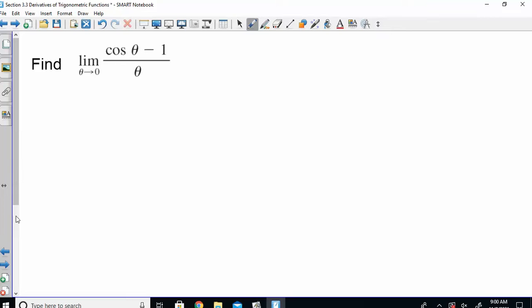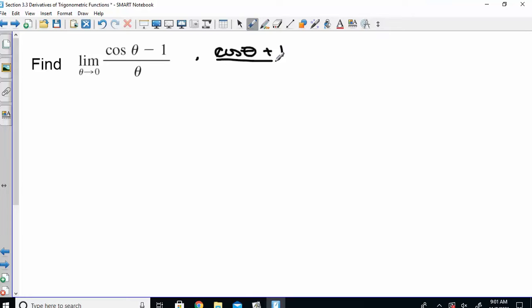So if I want to find the limit as theta approaches 0 of cosine theta minus 1 over theta, can I just plug in 0 here? No, we can only plug it in if it's defined. We can't divide by 0. So when we did these, a trick that we used a lot was multiplying by the conjugate.